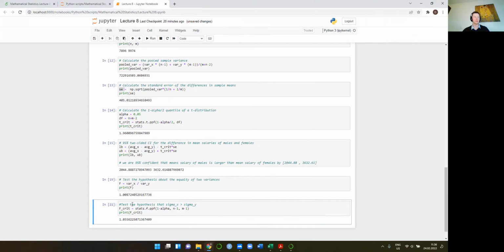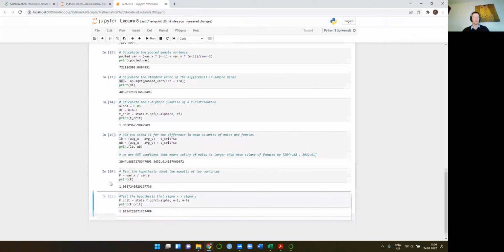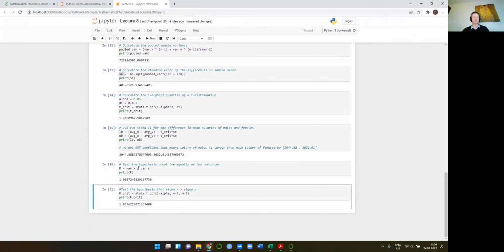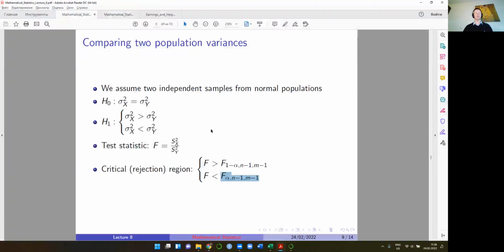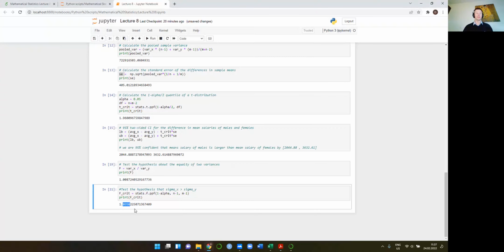And now we have a decision. So it's 1.0356. So this is our test statistic. This is the critical region: anything that is larger than 1.0356. What do we see? We see that our F statistic does not belong to the critical region. If our F statistic does not belong to the critical region, F is less than F critical.